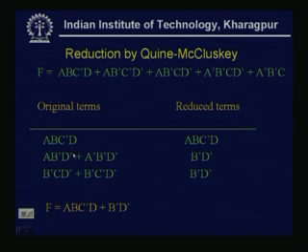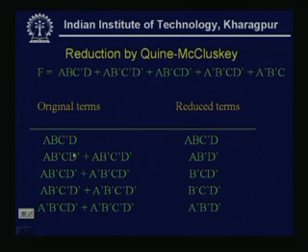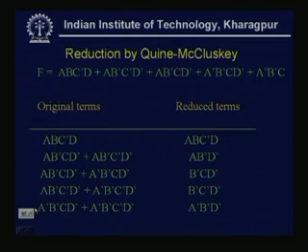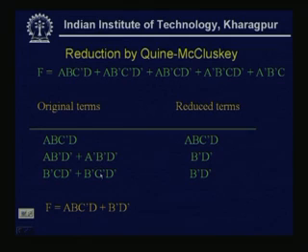From these 4 reduced terms, we consider 2 at a time, and this is reduced to B dash D dash, and this is reduced to B dash D dash. Again these 2 reduce to B dash D dash. Now we see both the terms are B dash D dash.